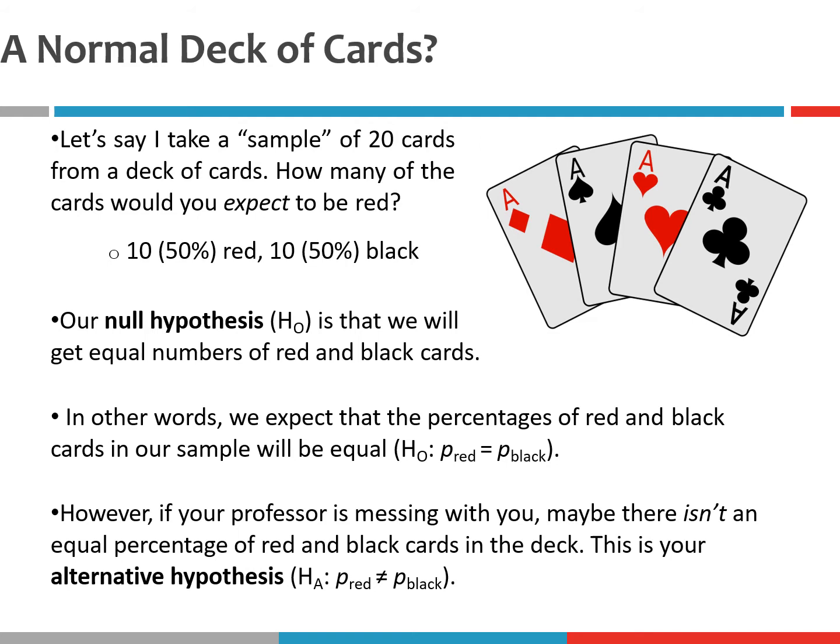However, there's always a possibility that maybe your professor is messing with you, or maybe you got a trick deck of cards, right? So maybe there isn't an equal percentage of red and black cards in the deck. Okay, so this would be your alternative or your research hypothesis, right? That there's not an equal number of red and black cards.